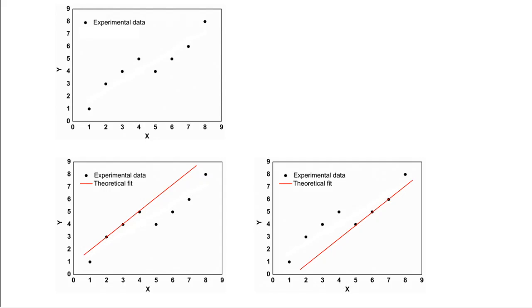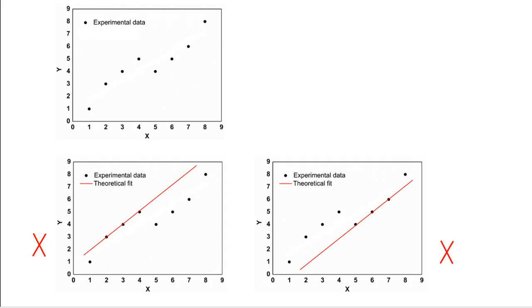So for this particular case, when you find out capital E, you will find that in these 2 cases, even though the theoretical curve is passing through the maximum number of data points, the sum of squares of residual is not the minimum. So these 2 are not the best fit.